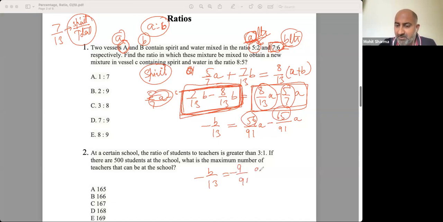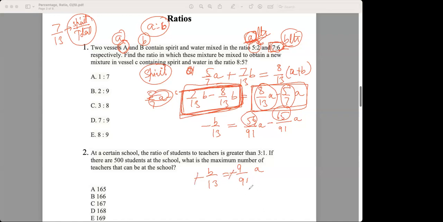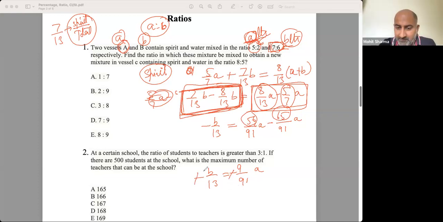Minus 9 by 91a. Got it? Yes, sir. Okay. So what you get is actually this would be 7b by 91. We can write it as multiply and divide by 7. So a upon b would be 7 upon 9. Understood?